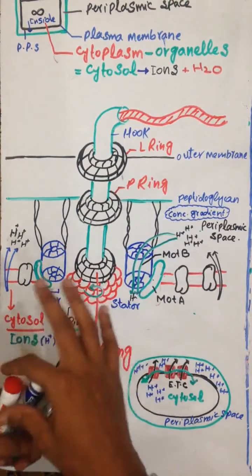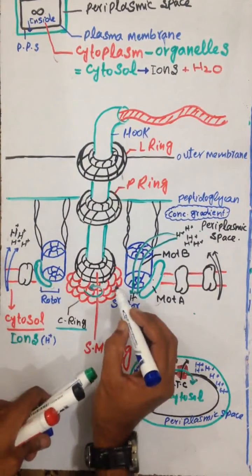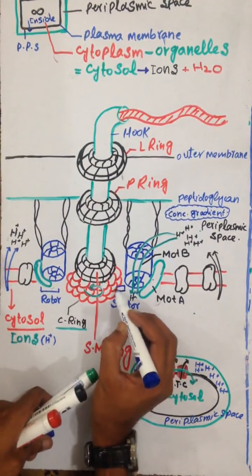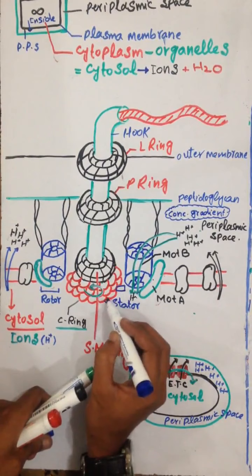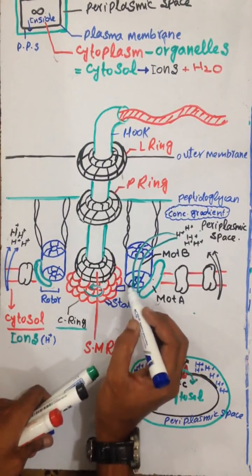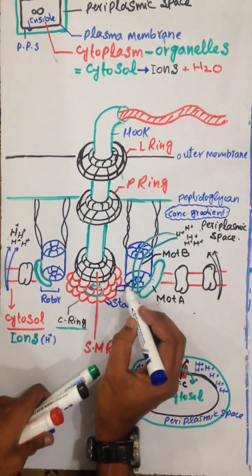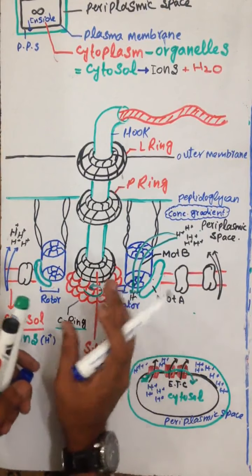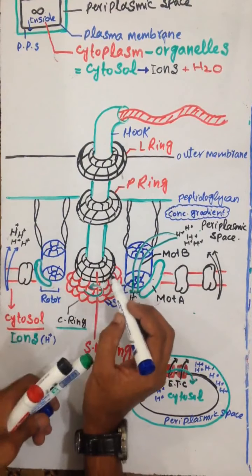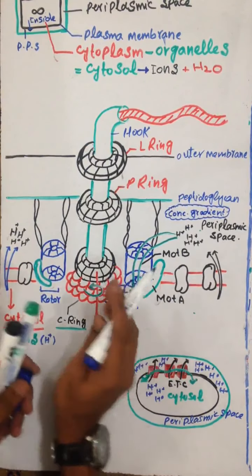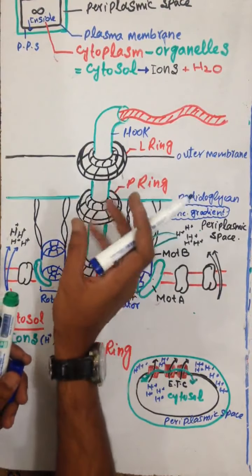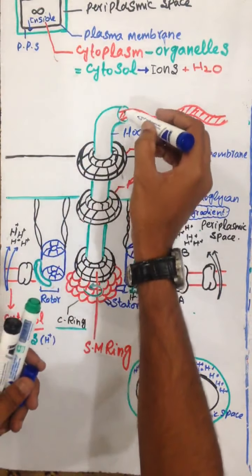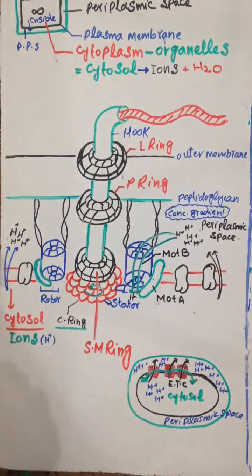These are connected here. Actually they have such arrangements. You can say the hydrogen ion moving from this side will turn this and it will rotate. When this rotates, torque will be produced, and this torque will move the whole structure and the flagella will rotate. So this is how rotational movement is produced in bacteria.